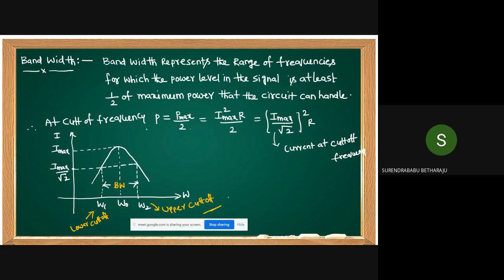Okay, this observation is important. Yes, friends, please concentrate. Omega 1 is the lower cutoff frequency, omega 2 is the upper cutoff frequency. That means at cutoff frequencies, I equal to I maxima by root 2.